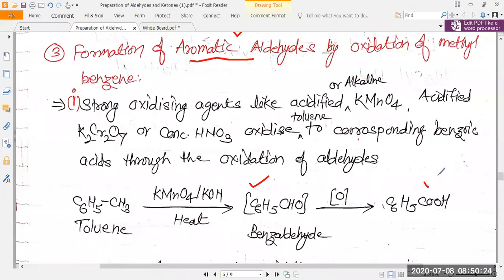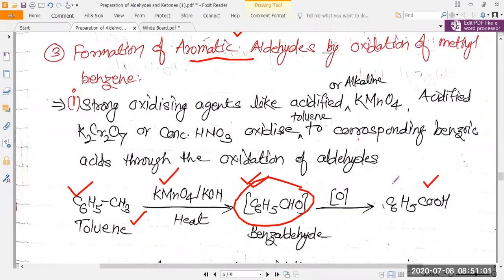So to stop this reaction at the aldehyde stage, we take a mild oxidizing agent. KMnO4 and KOH is a strong oxidizing agent. In the presence of these strong oxidizing agents, the reaction will not stop at the benzaldehyde stage. Means toluene, if I take toluene, the reaction will not stop at benzaldehyde. It will further oxidize and form carboxylic acid.